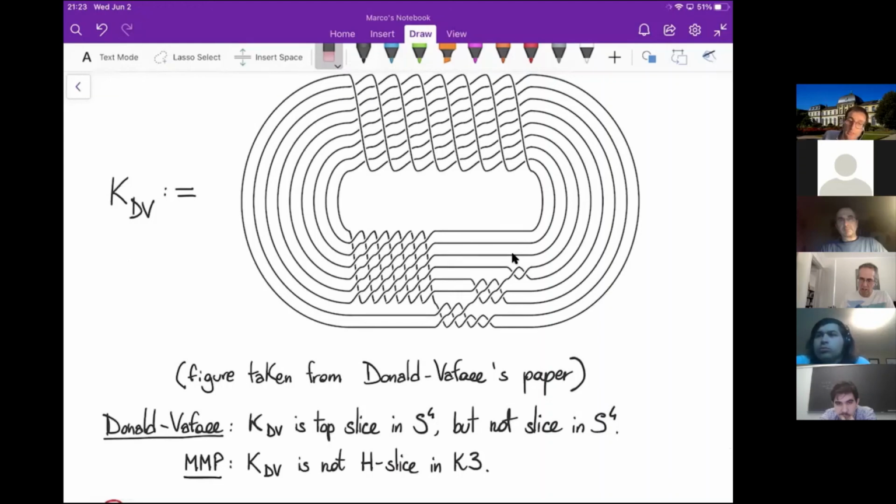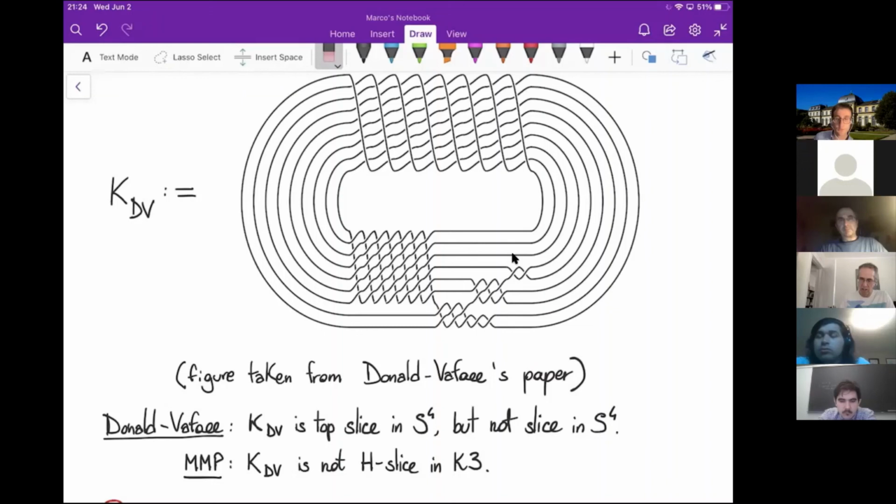So we found another example of a topologically slice knot that is not H-slice in K3. And maybe here I want to spend a couple of words because we had another example of a topologically slice knot in a four-manifold that is not H-slice in that four-manifold.